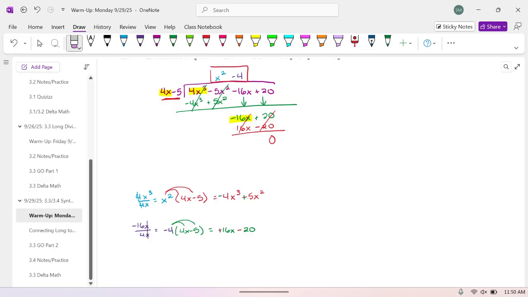So the first thing you take, go take 6x cubed, and then you divide that. So you take the first number right here.